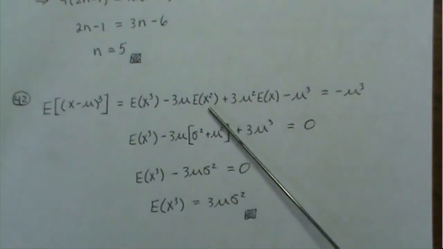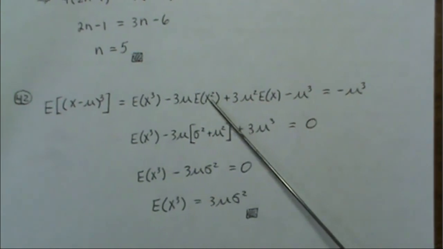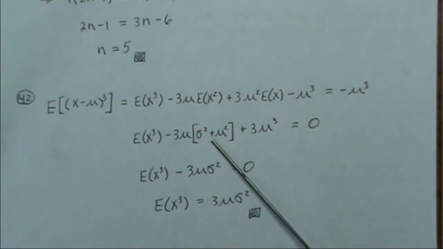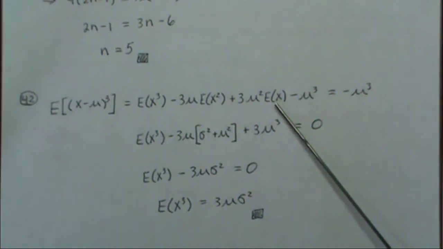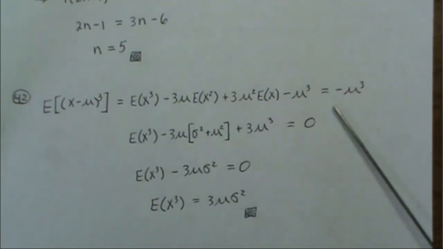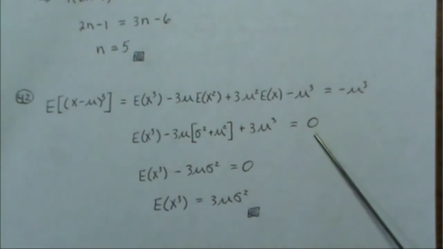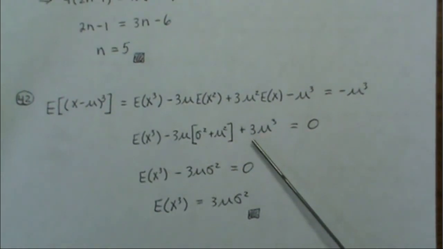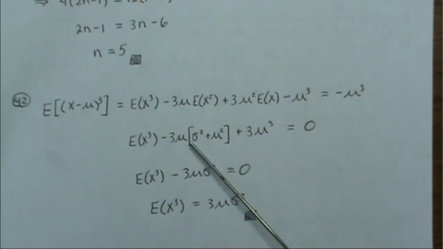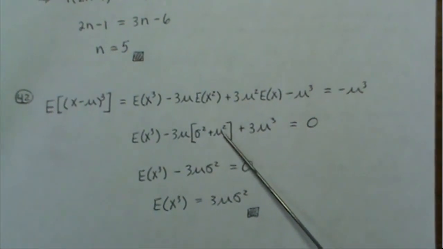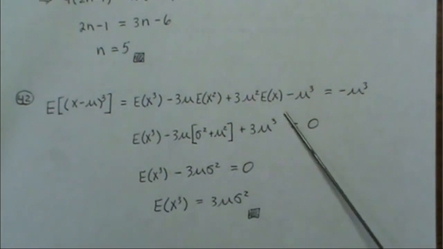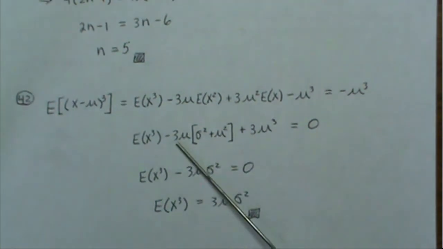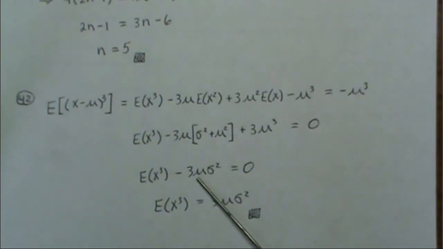So this comes down, the formula for expected value of x squared is this, and the expected value of x is mu, so that goes in, and this piece and this piece cancel. So then we're here, then if we put in a minus 3 mu here, we get minus 3 mu squared, and we have a plus 3 mu squared, so those cancel, and it leaves just this first piece here. You take it to the other side, you get 3 mu sigma squared.